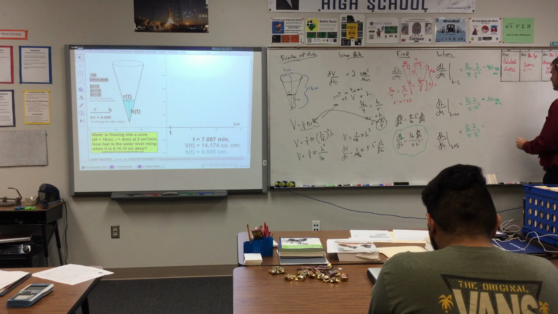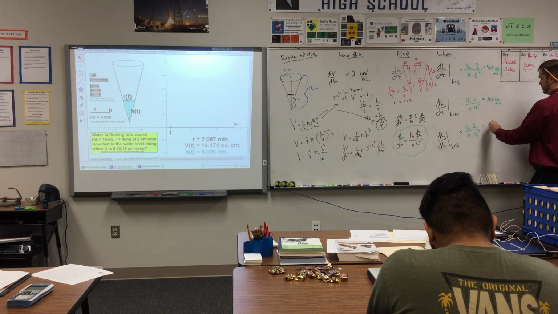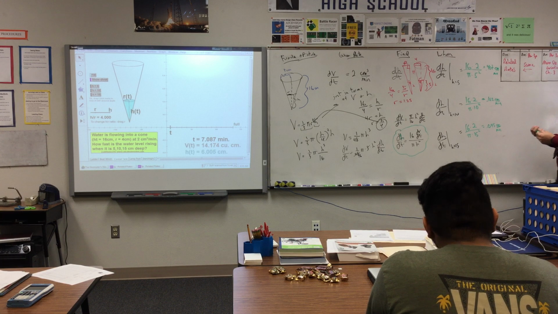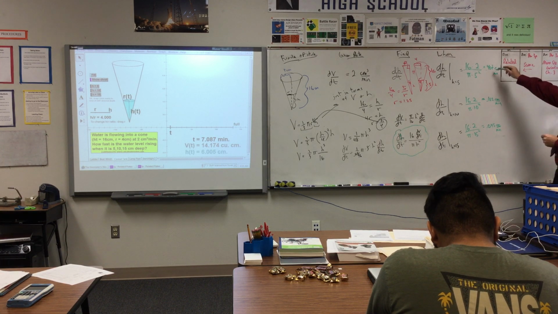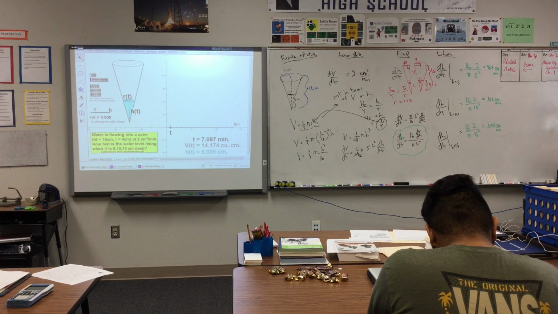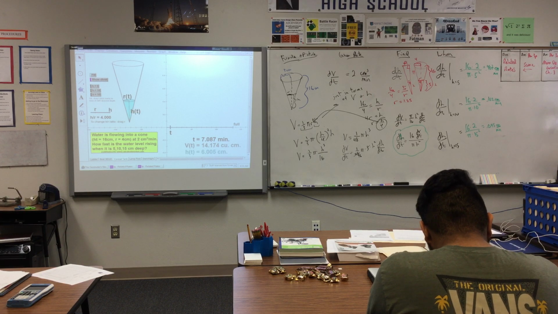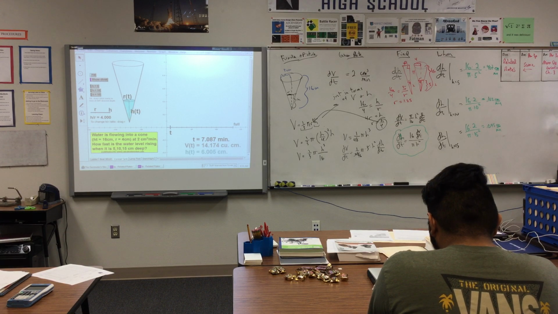And 0.45. So, Rosa, what does that tell you about how fast the height is changing? It's getting slower. Does that kind of match what we saw in the picture?